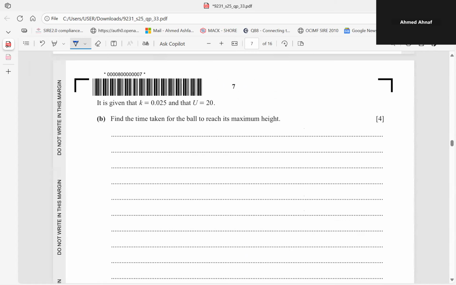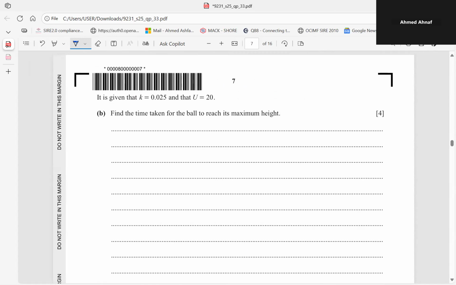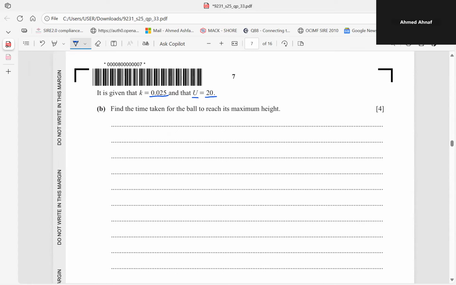Okay, so now we are told the values of k. So k is equal to 0.025 and u is equal to 20. For this part, we're supposed to find the time taken for the ball to reach its maximum height.